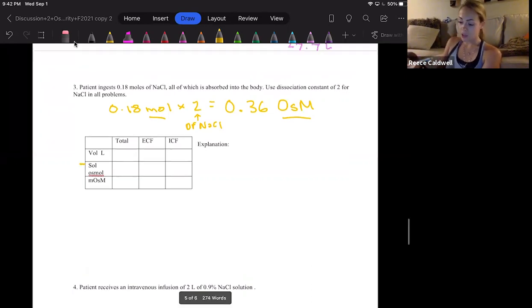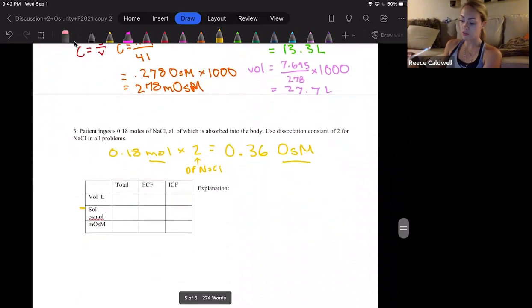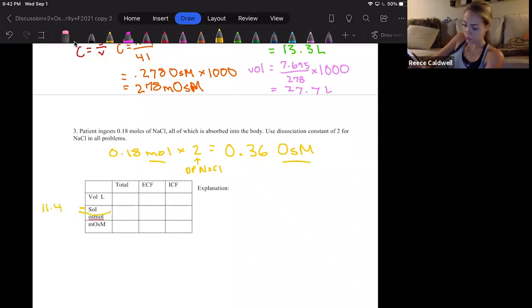So we're going to take those original values from above, the 11.4 and 3.705, and add that 0.36 osmoles. So for this, we will take that original 11.4, add that 0.36 that we just ingested, and what we will get is 11.76 osmoles.